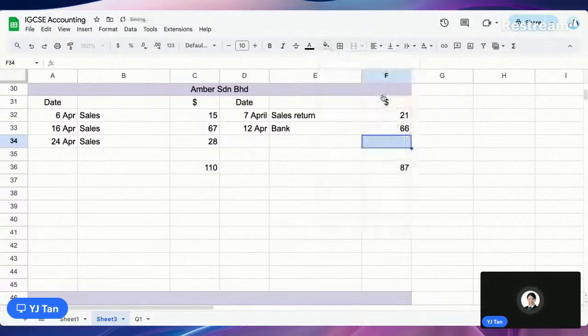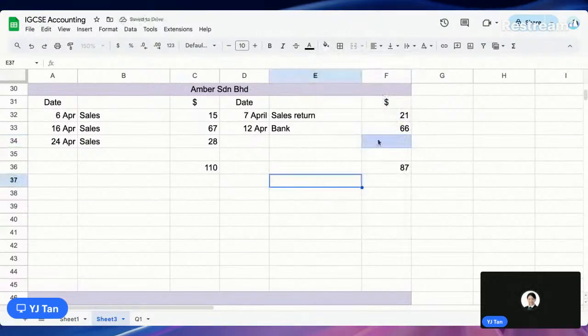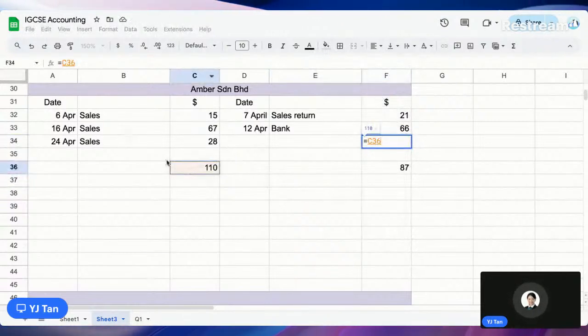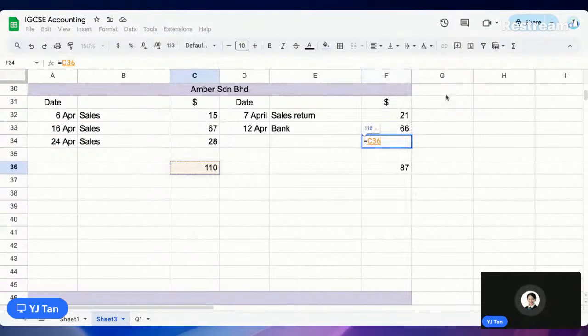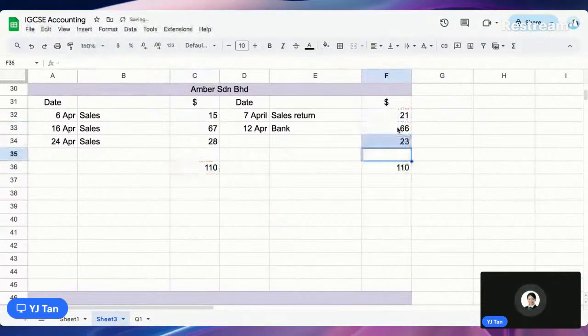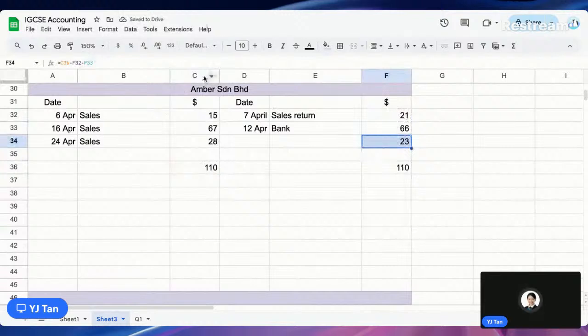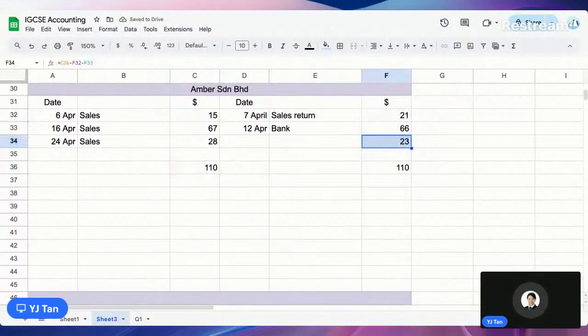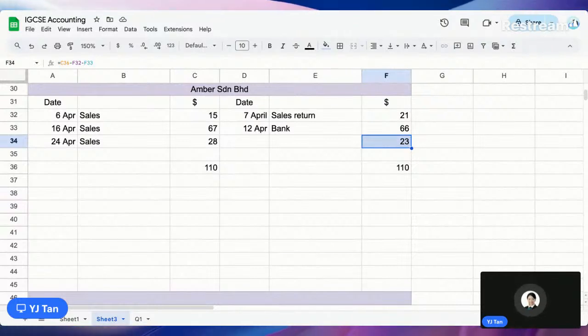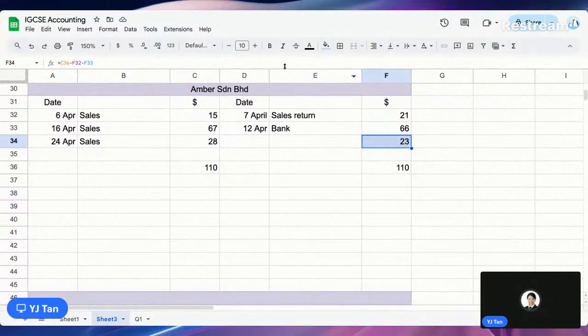It's actually not very hard. Just take the total on the debit side, minus this one and minus this one. So there is an amount that you need to carry to the next month. Carry the balancing figure to the following month, which is 23.